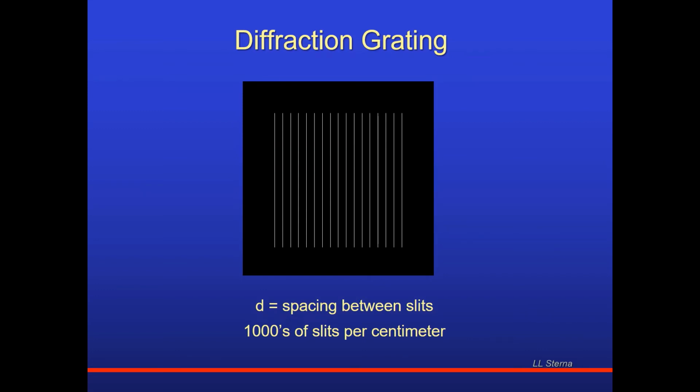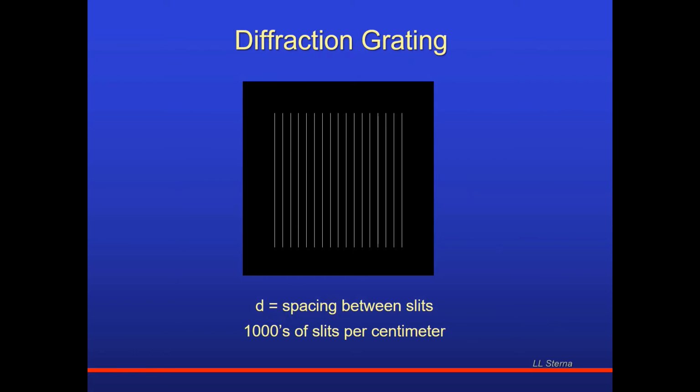Not only much more light goes through, but all those slits, whether you think about it, pairwise or however you add them up, give you a pattern where the bright spots are much better defined than if you only had two slits. It's an extremely well-defined pattern on the paper, and it's much brighter if you use a diffraction grating.